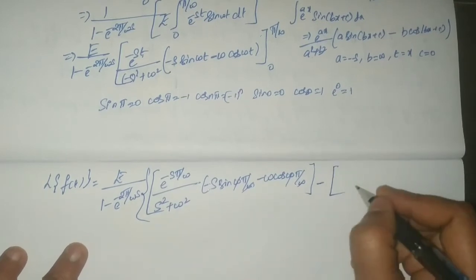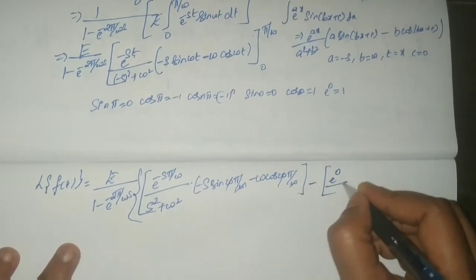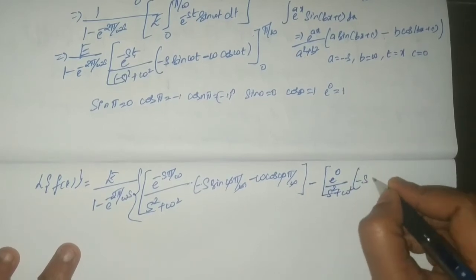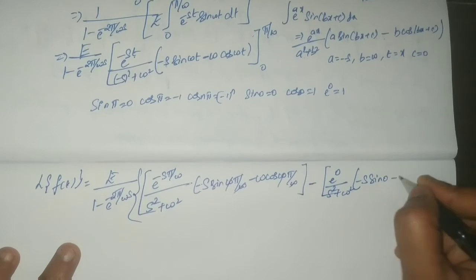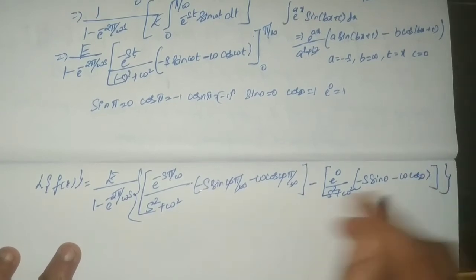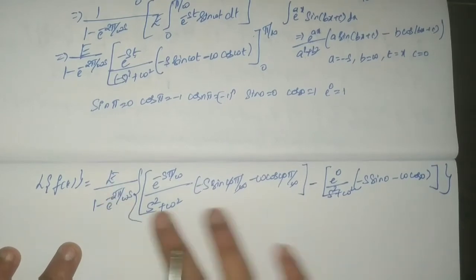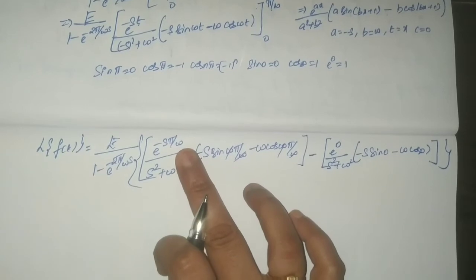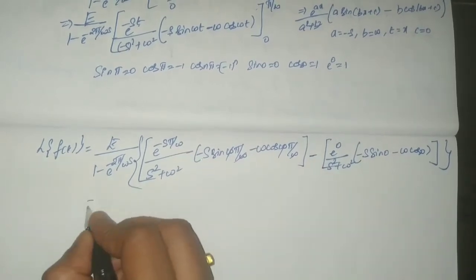Lower limit we have 0. So e power 0 by s square plus omega square minus s sine 0 minus omega cos 0. I've used a bracket because this is common for both the terms. Upper limit I have put t as pi by omega, lower limit as 0.